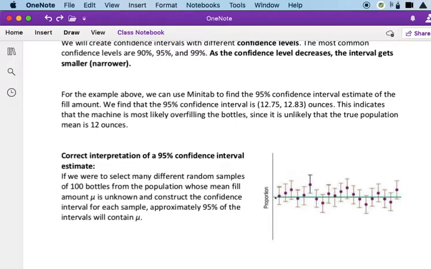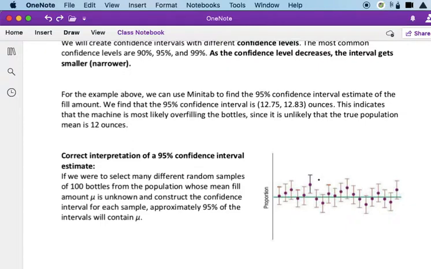If the green line here is our population mean that we're looking for, if we're 95% confident that the interval contains the mean, then that means that if we were to take 20 samples and construct 20 different intervals, 19 of the 20 would contain the true population mean.